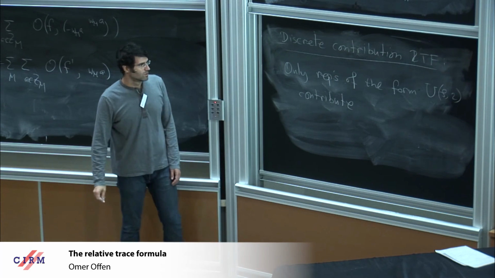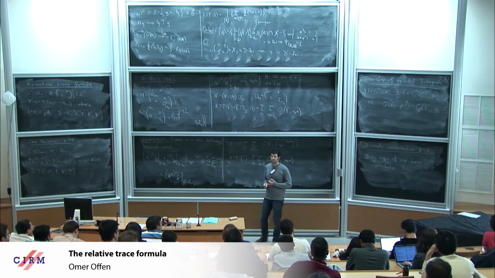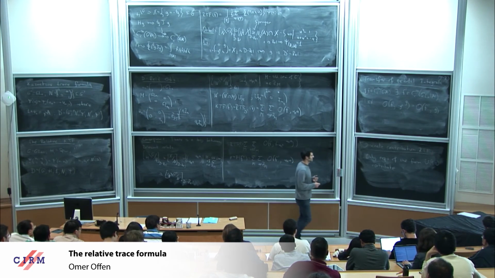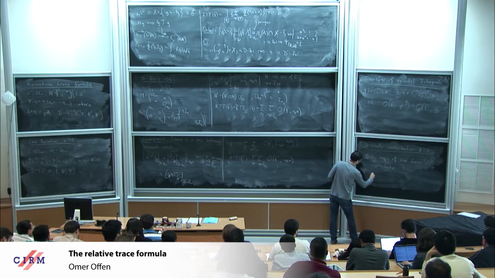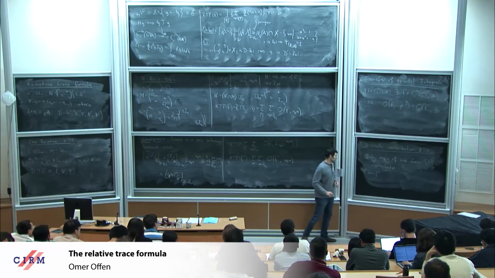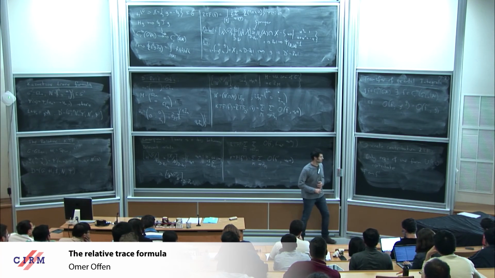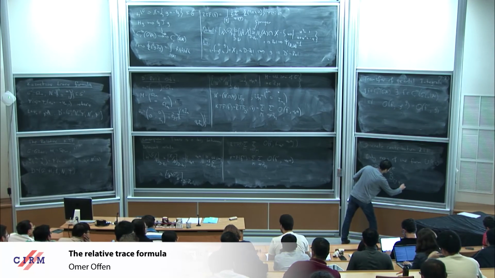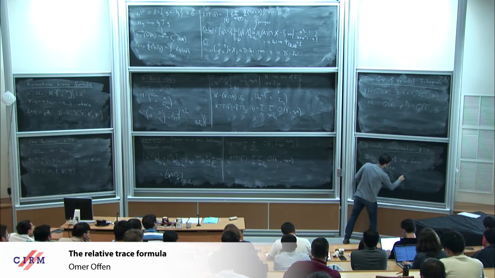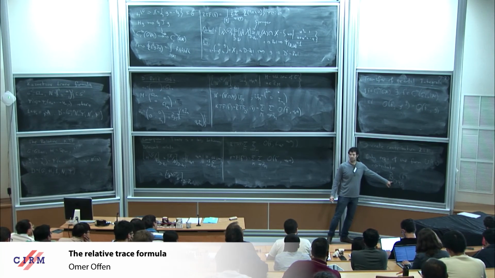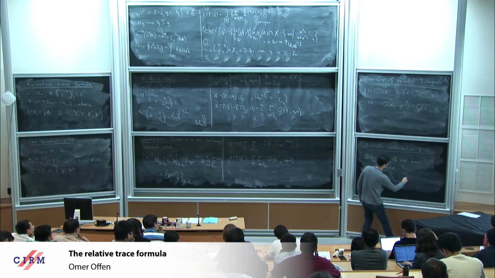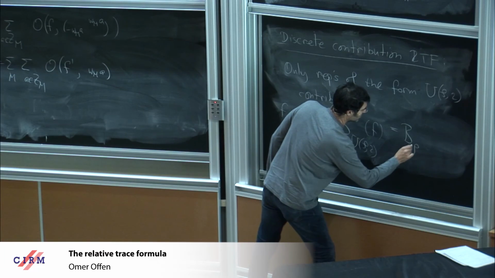Okay. So at the end of the day, the type of information that can be extracted from the relative trace formula is that if f and f prime have matching orbital integrals, then the spherical distribution associated with this generalized Speh representation, the residue of Eisenstein series that we spoke about last lecture, equals the distribution of rho on f prime.